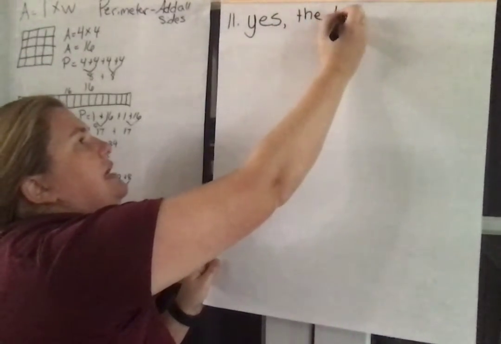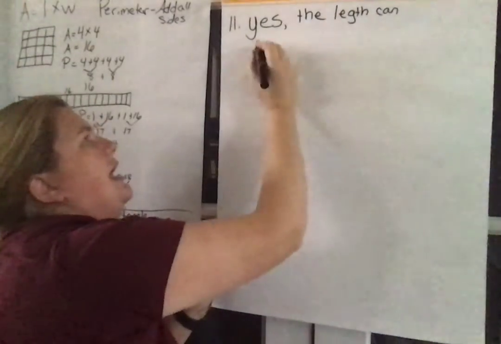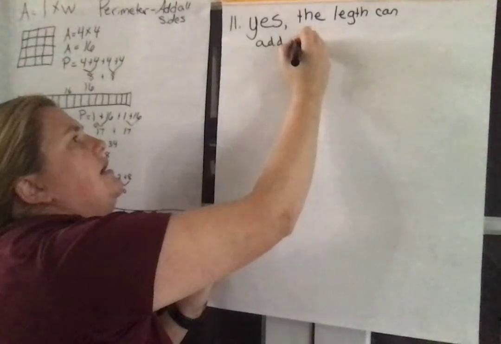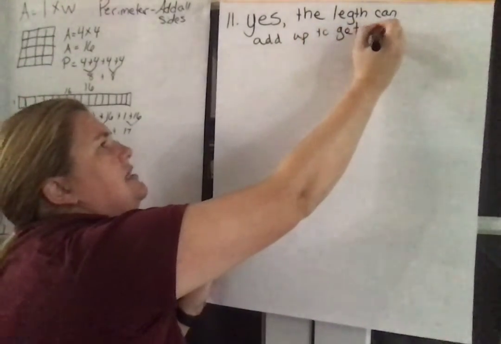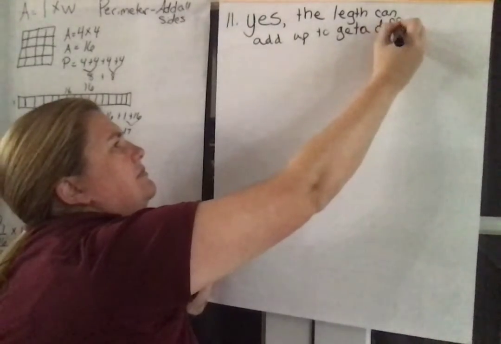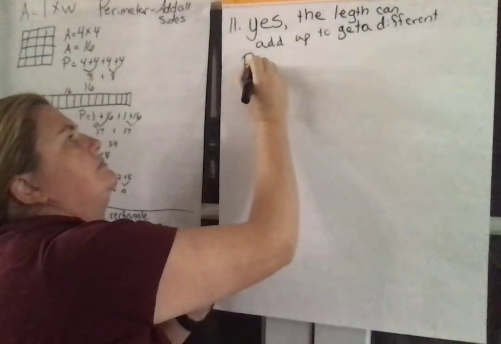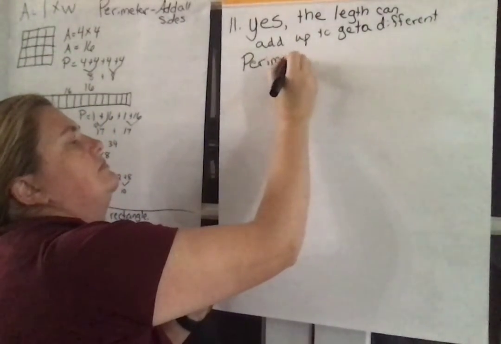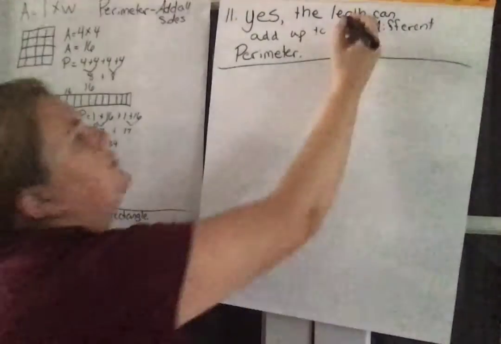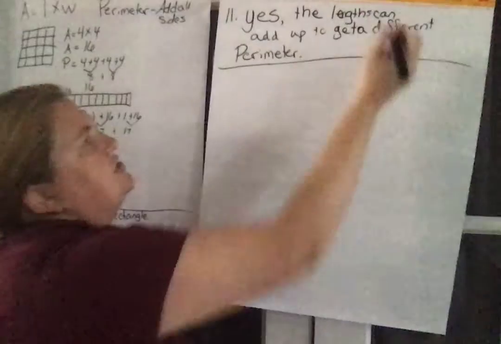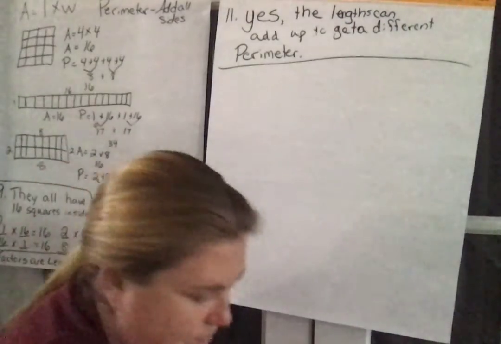So let's say the lengths, L-E-N-G-T-H-S, can add up to get a different perimeter.